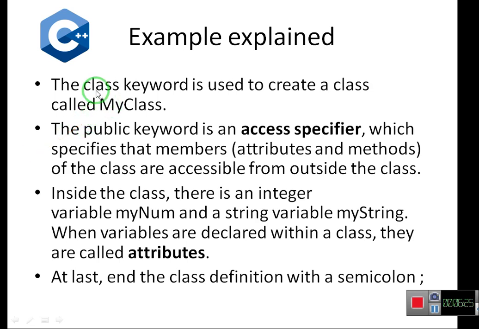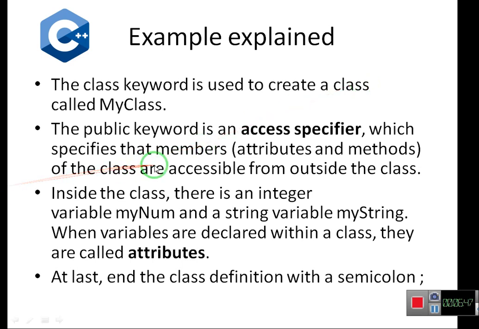You can see the class keyword is used to create a class called MyClass. MyClass is the name, class is the keyword used to create it. As I told you, these are reserved words. Keywords are reserved words which have a special meaning in C++. Clear?